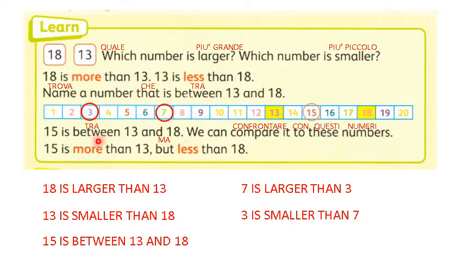What number is between 3 and 7? Well, the numbers that are more than 3 but less than 7. So 4, 5, 6 are between 3 and 7.